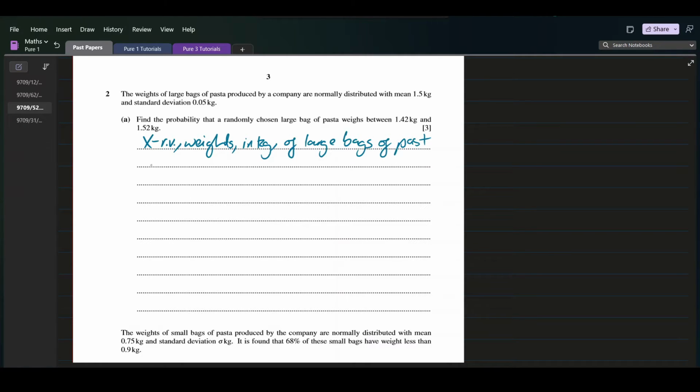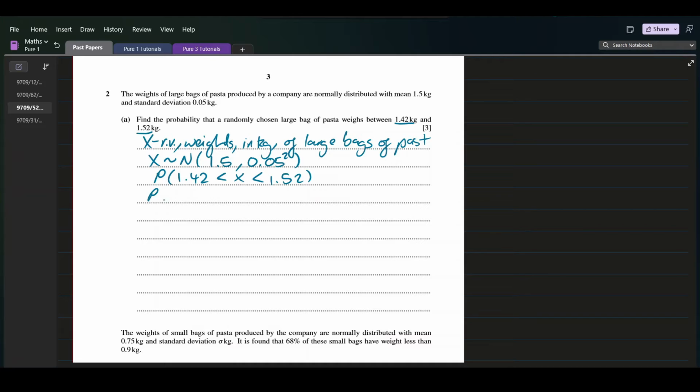And then X follows a normal distribution as we're told in the stem, with mean 1.5 and standard deviation 0.05, so 0.05 squared for variance. And we are looking for the probability that a randomly chosen large bag of pasta weighs between 1.42 and 1.52 kgs. So 1.42 < X < 1.52.